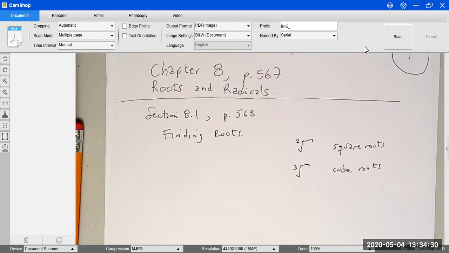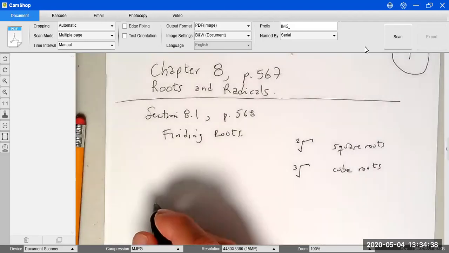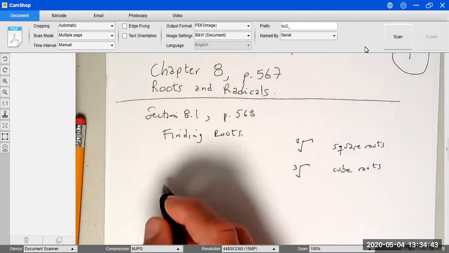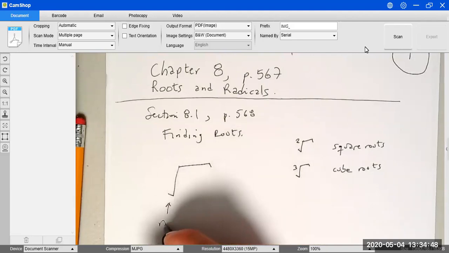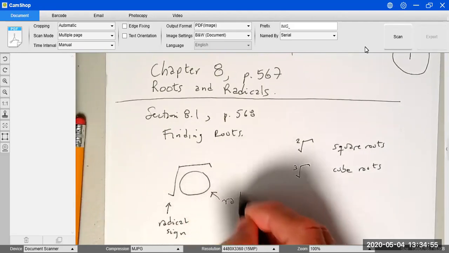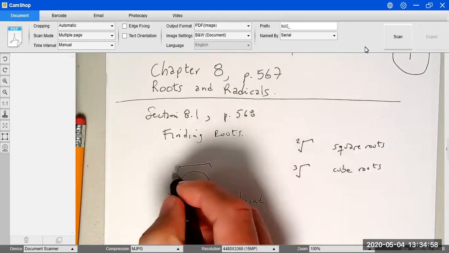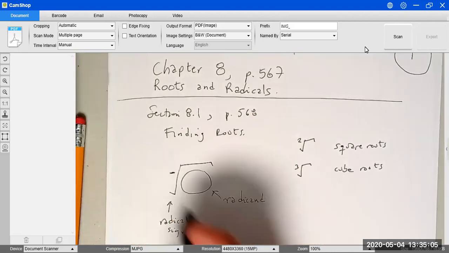So let me start with an example. The thing that we're going to learn here is how to simplify or evaluate radicals. So we're going to have this symbol. This is the radical sign. Anything that goes inside is going to be the radicand. And this place here is for the index.